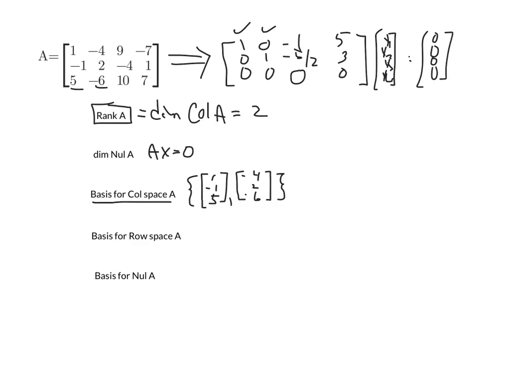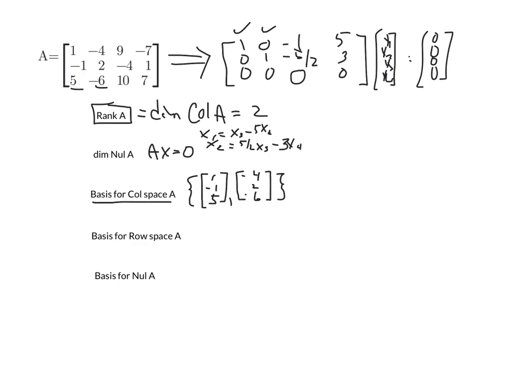Think about the computations that are going to take place, and we end up with x1 equals x3 minus 5x2, and then x2 is equal to 5 halves x3 minus 3x4.